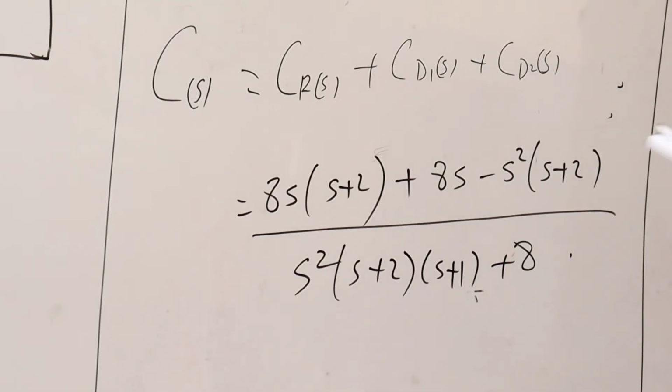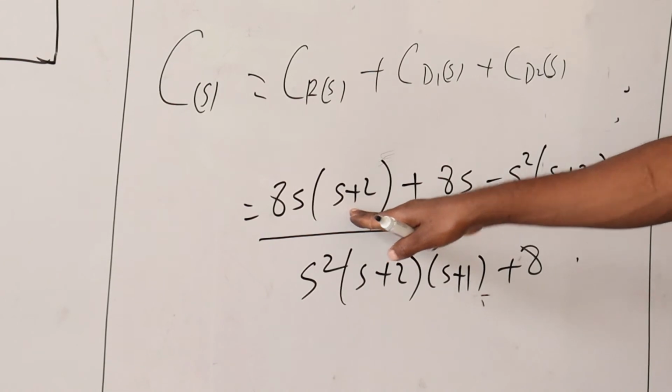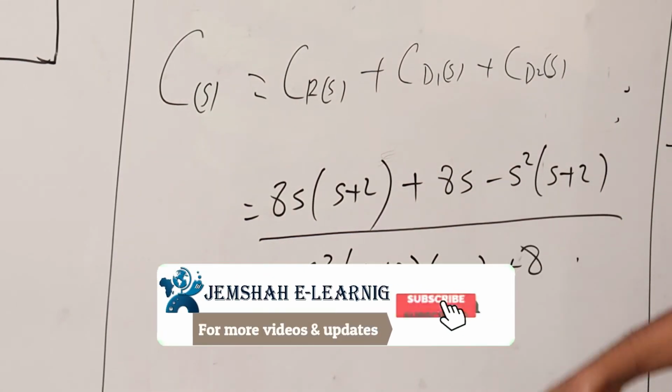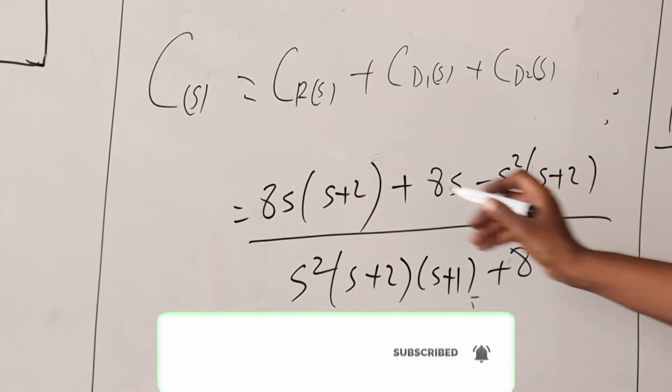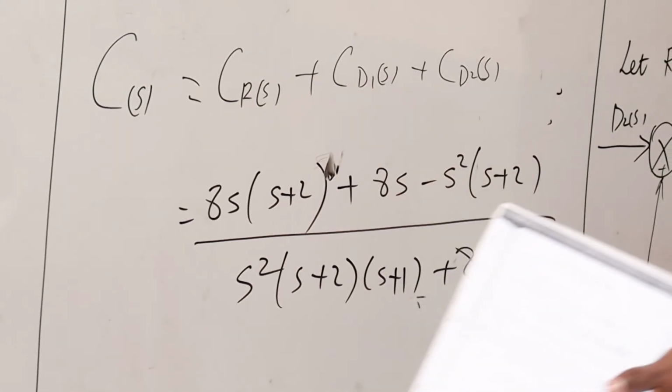So that is the overall, of which in other ways, this one can be put under a different denominator, that one can be under a different denominator, so that we can talk of D1 of s, or we can talk of R of s. Let me just write it.